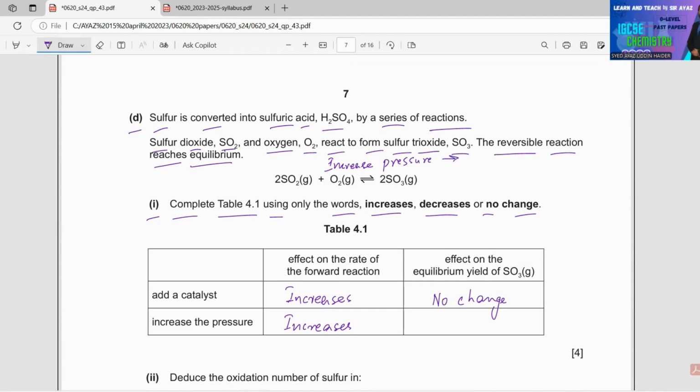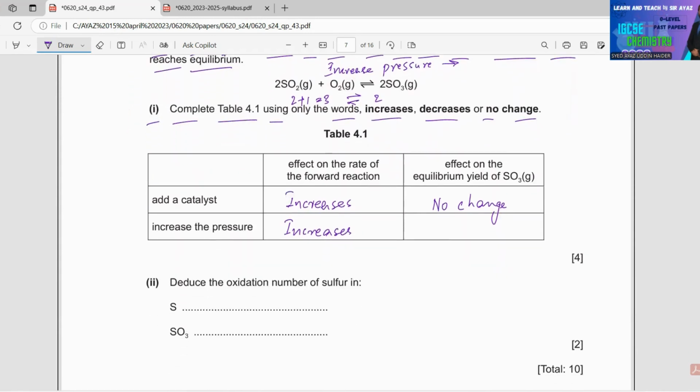So why? Because you have fewer moles on the right hand side and more moles on the reactant side. In the reactant side, you have 2 plus 1 is equal to 3, and you have 2 moles on the product side. So it will definitely increase the yield of SO3.